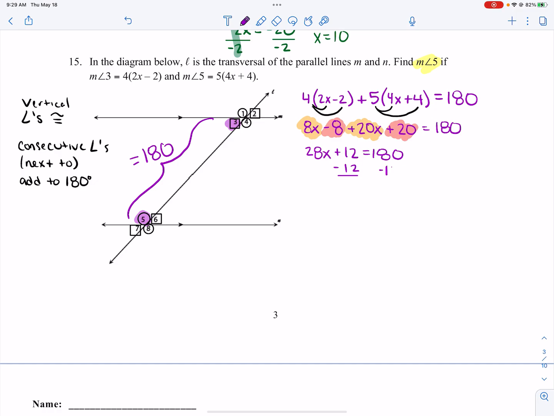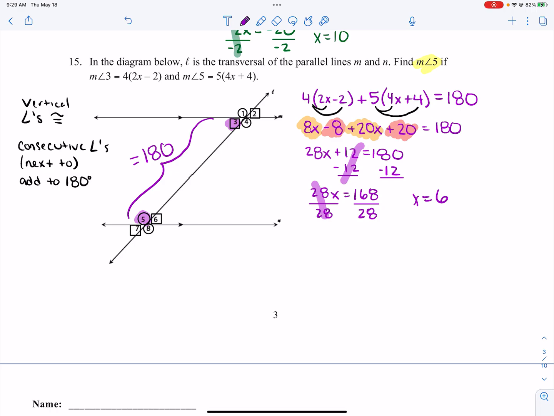So minus 12, minus 12. So 28x equals 168. And then the last step, divide by 28. And my x is equal to 6.